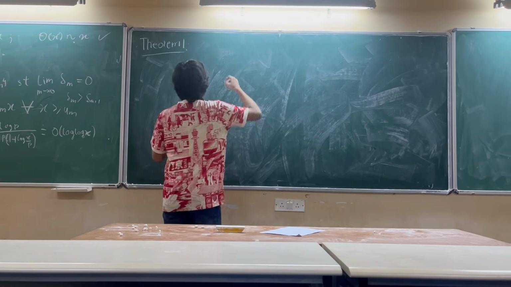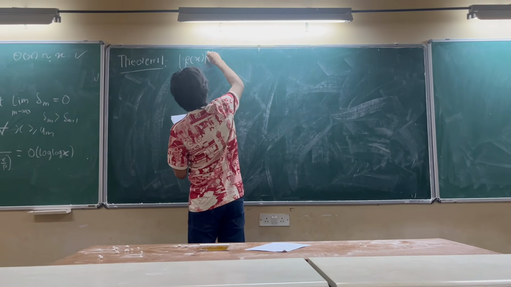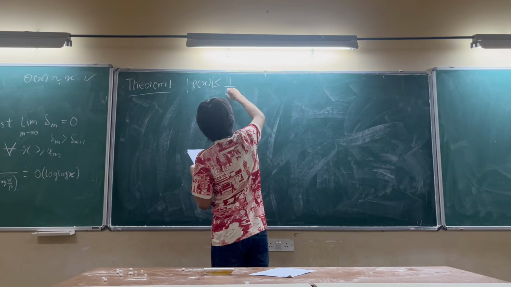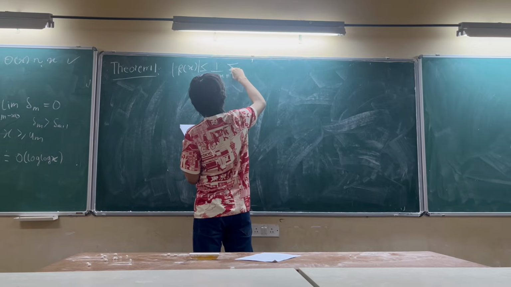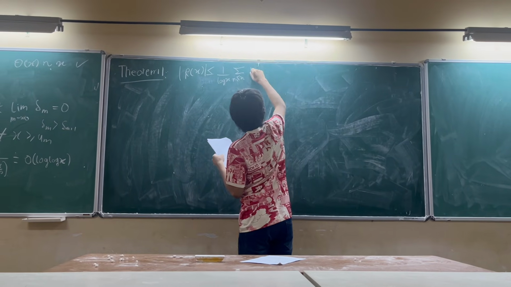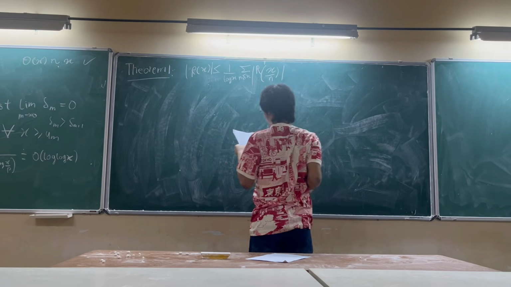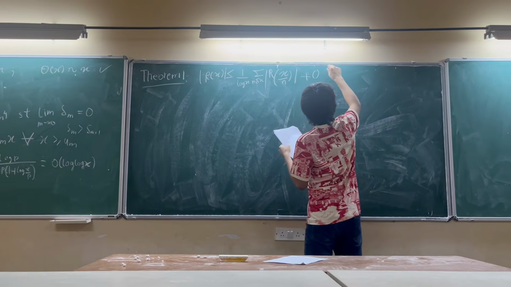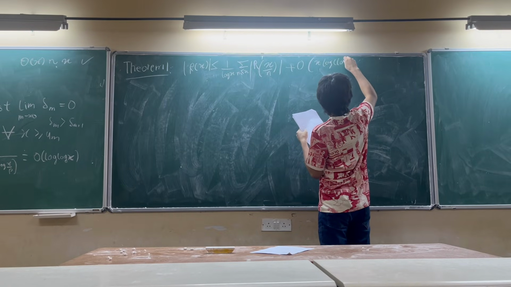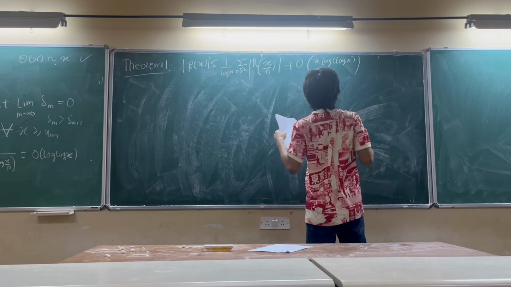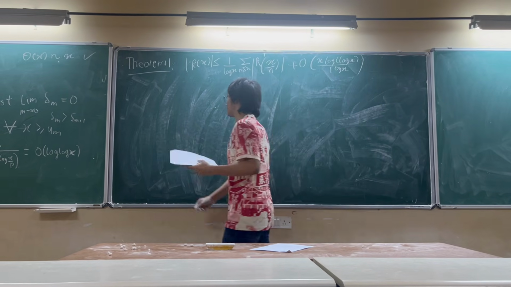Theorem 1 tells me that the modulus of R(x) is less than or equal to 1 by log x times the summation over n less than or equal to x of R(x by n), plus something of the order of x log x divided by log x.